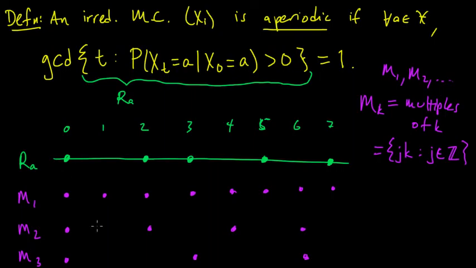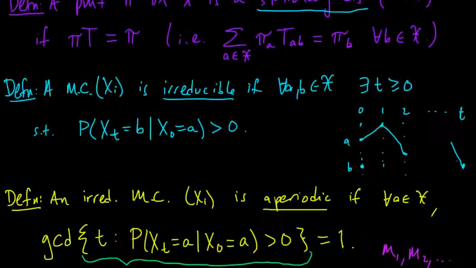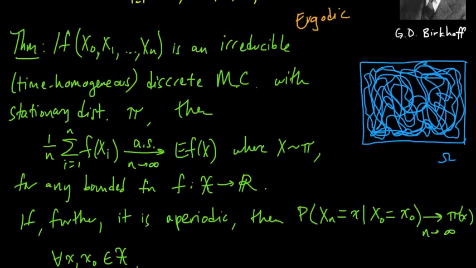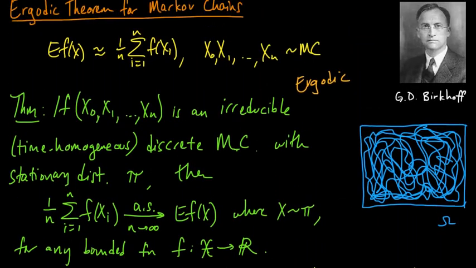Because if RA is contained in MK for some k greater than 1, then k divides every element of RA, and so the greatest common divisor is greater than 1. And on the other hand, if the greatest common divisor is, say, k for some k greater than 1, then RA is contained in MK, contained in all the multiples of k. Okay, so that's aperiodic, and that wraps up our definitions of the conditions needed for the ergodic theorem for Markov chains.